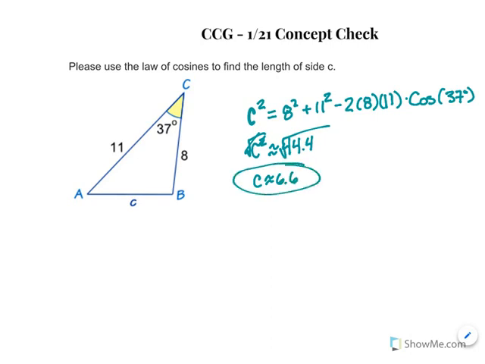Make sure you guys label 6.6 on your side length, because on the back of that worksheet, you have to solve for all of the angles and all of the missing sides. So if you don't have it labeled, you're not going to be able to get the other ones.